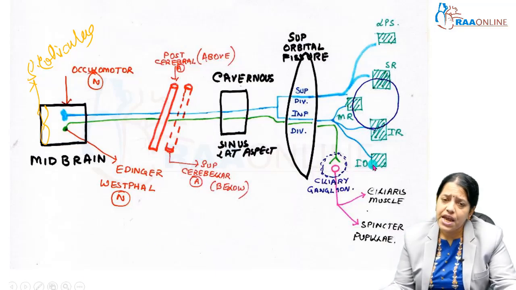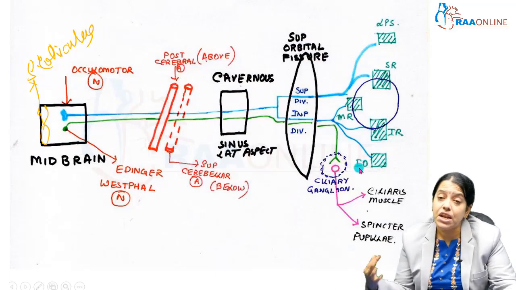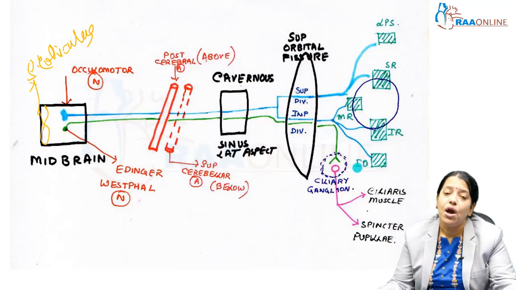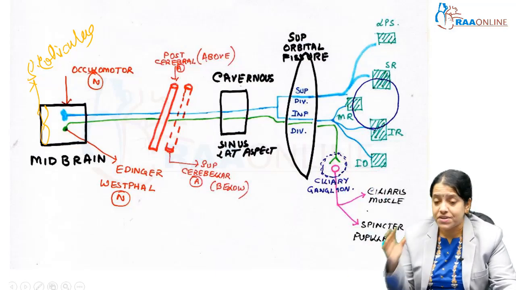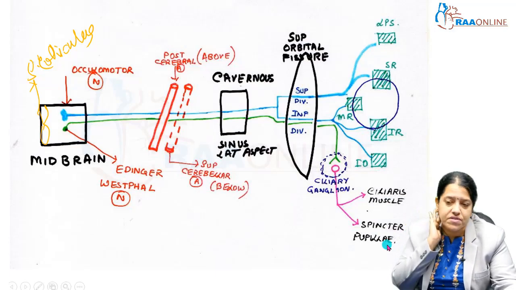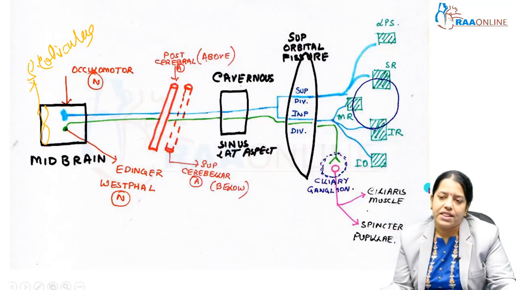So this is the ciliary ganglion, which is responsible for the relay of the preganglionic parasympathetic component of the oculomotor nerve. You can see that it is relaying, and it is giving branches to two important intraocular muscles, involuntary muscles, and these are the ciliaris and the sphincter pupillae.